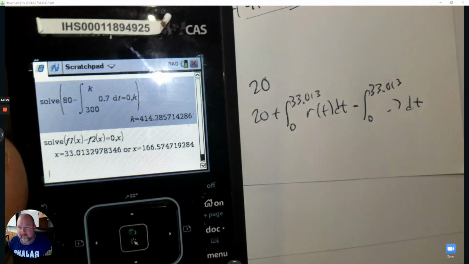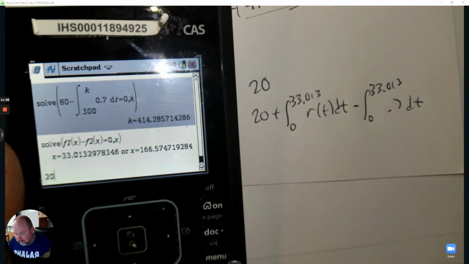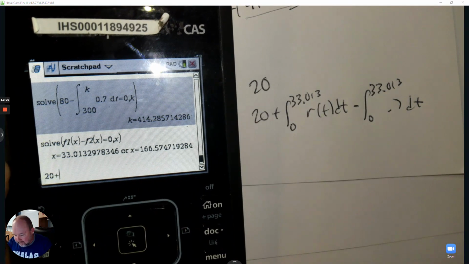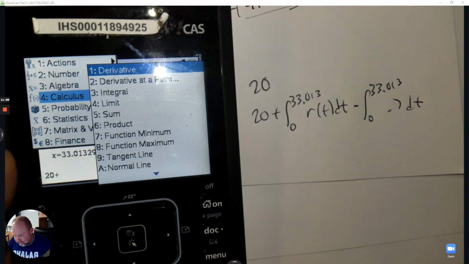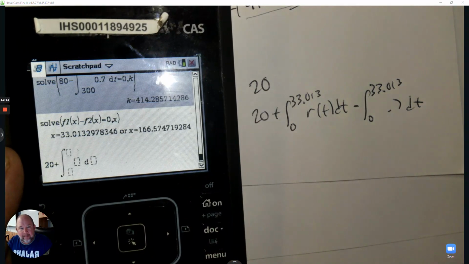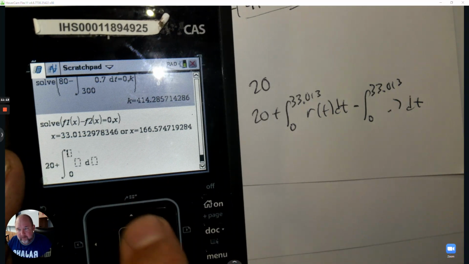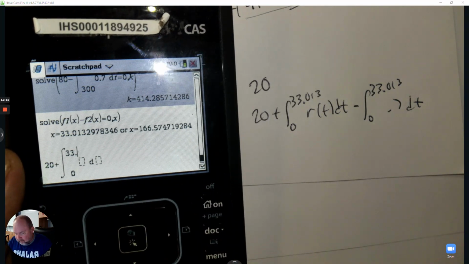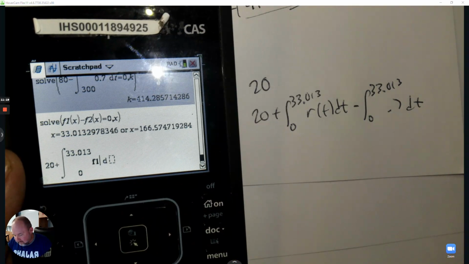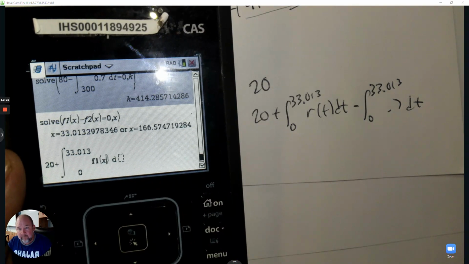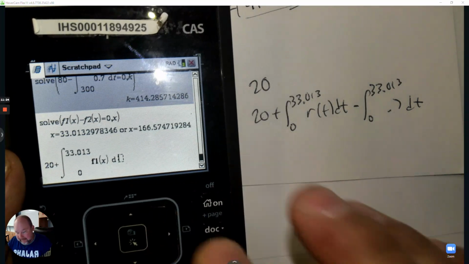Once I have it set up, I won't have to type it in over and over again. So 20 plus, we're going to go menu, calculus, integrate from 0 to 33.013. Now the first one is F1 at X. Those are the ones entering the line.